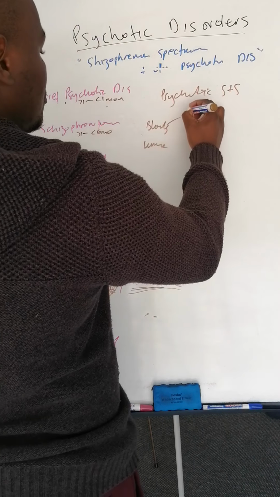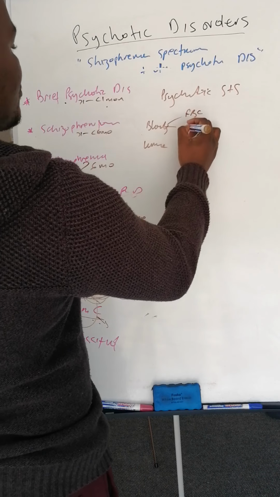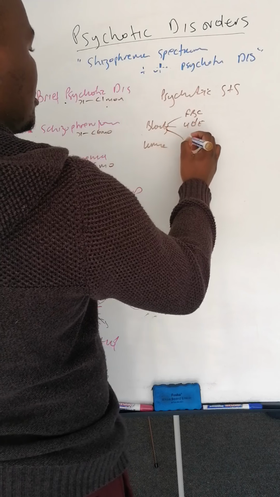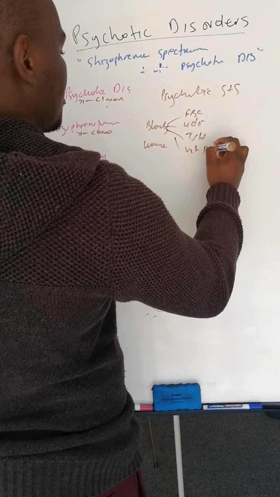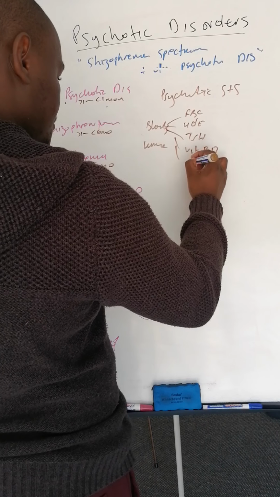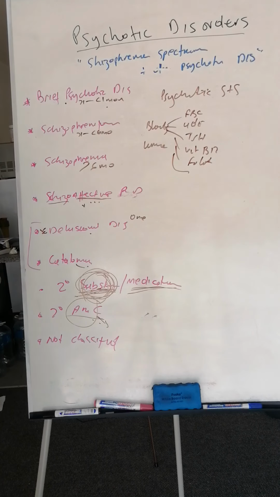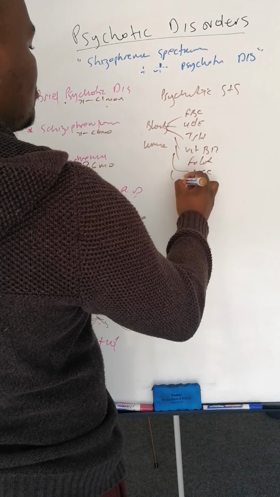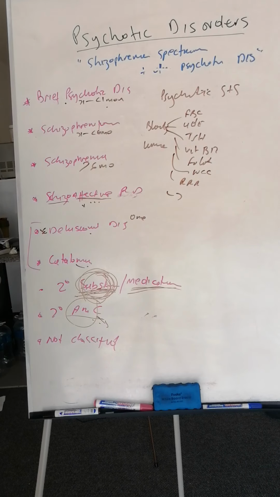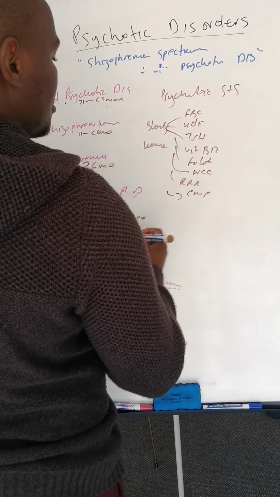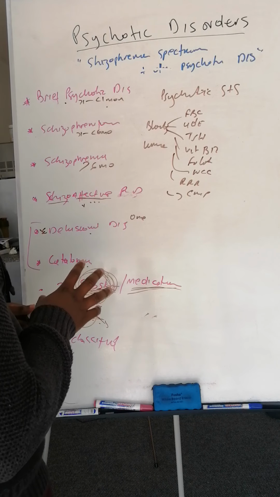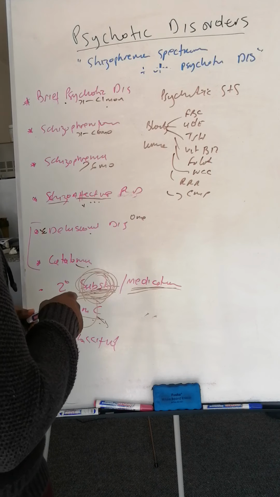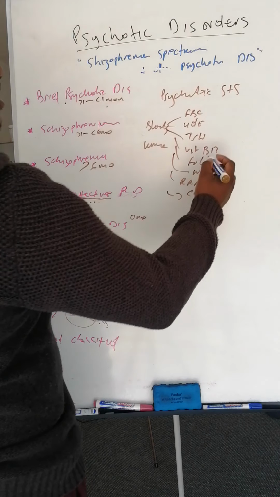So the bloods that you want to do: we do an FBC, we do a UandE, we do a TSH, we do vitamin B12, we do folate, we do an HIV ELISA, we do RPR, we do CMP, and if I remember the other blood tests that we do, I'll put them as a comment, but these are the ones that we do most of the time.